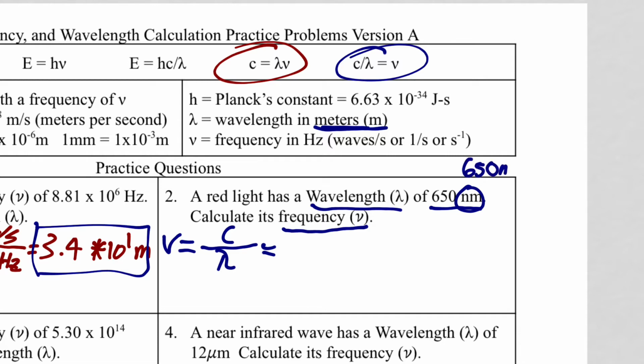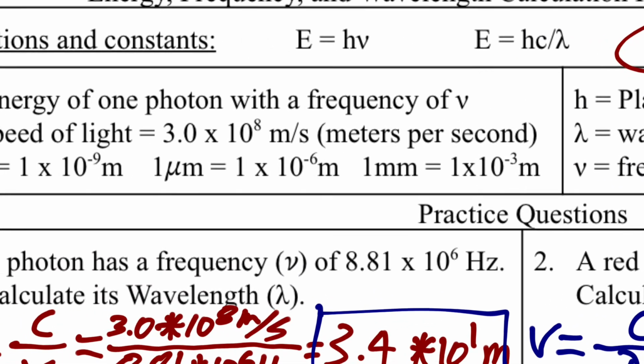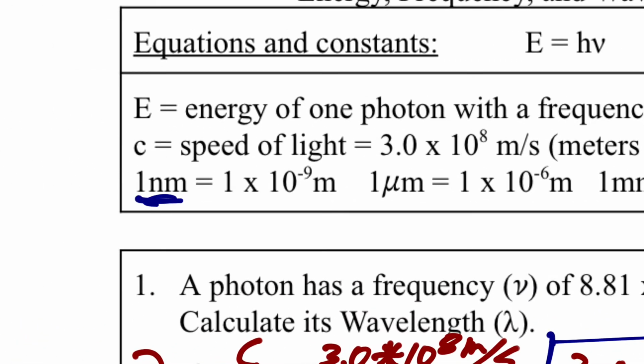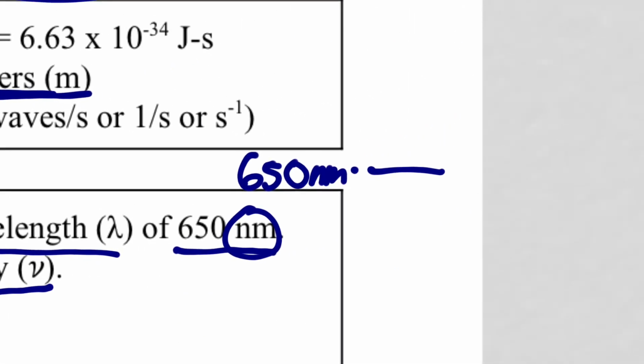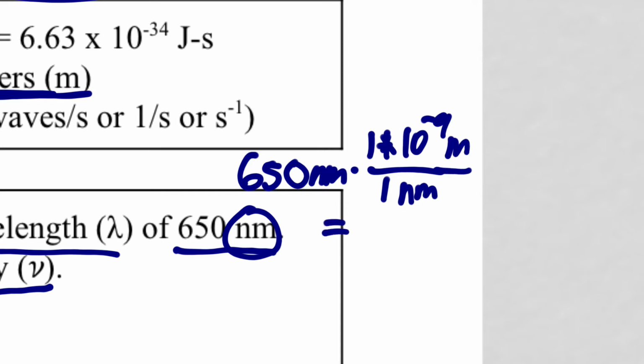650 nanometers. You can multiply that by, over here, you can see that 1 nanometer is equal to 1 times 10 to the negative 9 meters. So you can have 1 nanometer on the bottom and 1 times 10 to the negative 9 meters on top. Once you do the conversion, you'll figure out that this is 6.5 times 10 to the negative 7 meters.